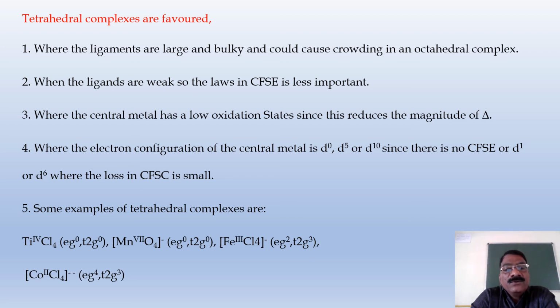Some examples of tetrahedral systems are TiCl4, MnO4 1 minus, FeCl4 1 minus, CoCl4 2 minus. They favor tetrahedral complexes.